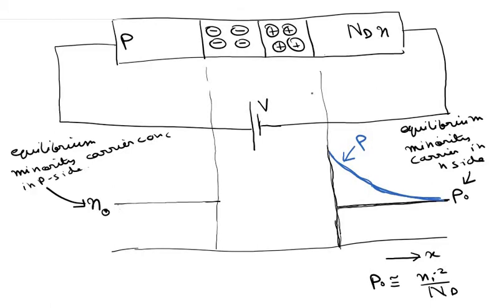Now again, since due to forward bias the rate of diffusion of electrons from the N side to the P side has increased, this builds up excess concentration of electrons at the P side just outside the junction. So if we were to draw the concentration of electrons just outside the junction, we would get a graph like this.